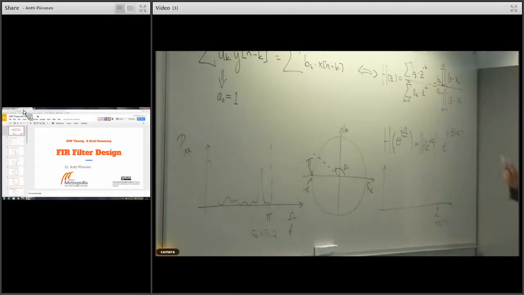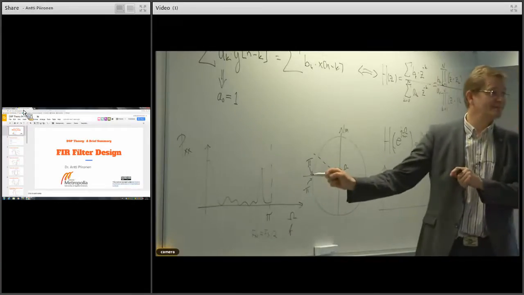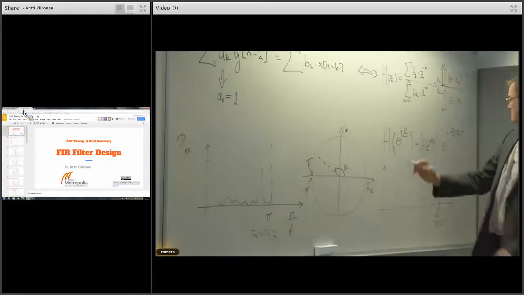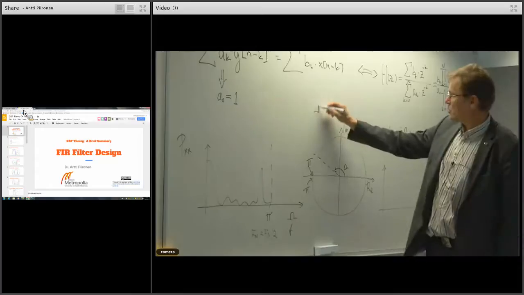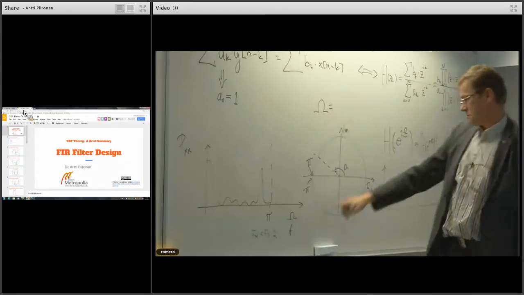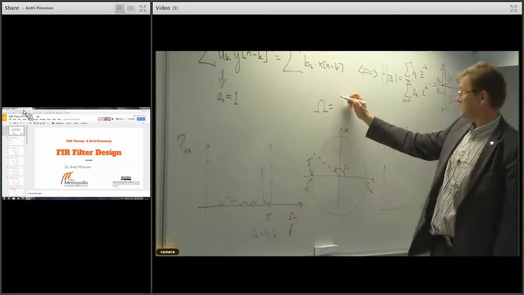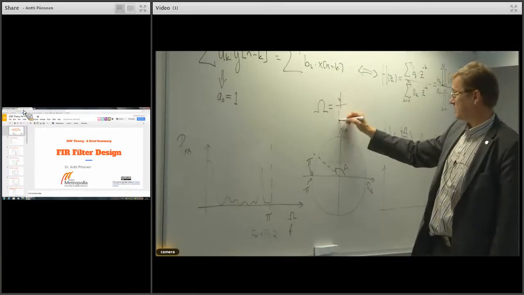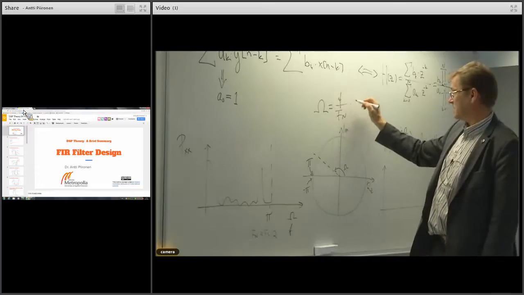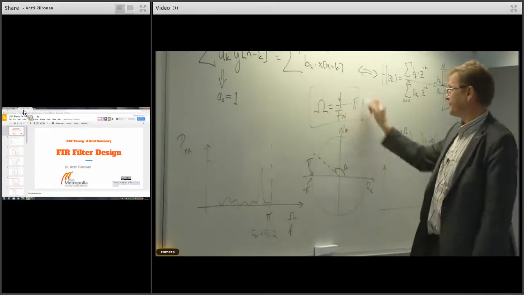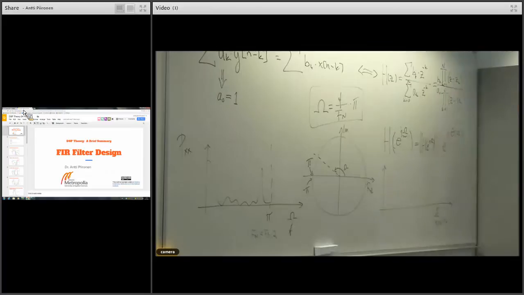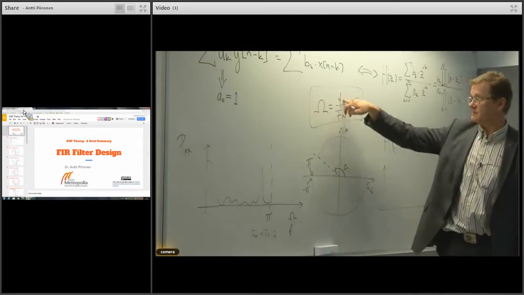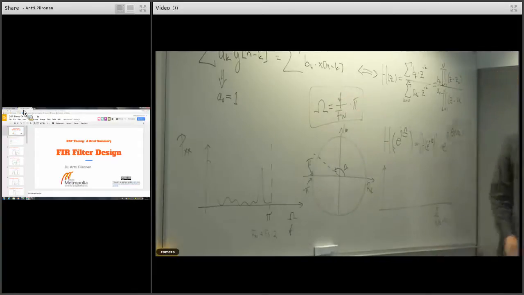Angular frequencies, and physically it's actually sampling rate over 2. So then that omega here is the physical frequency divided by the Nyquist frequency times pi. A simple scaling formula between the angular frequency and physical frequency.